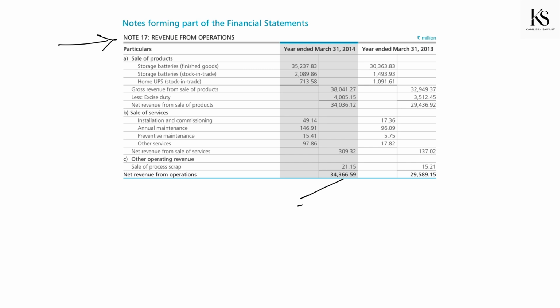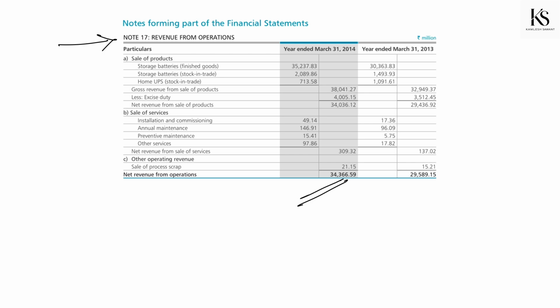Clearly, the notes give a more detailed analysis of the split up of revenues from operations. As you can see, the particulars section talks about the split up under sales of products. Sale of storage batteries in the form of finished goods for financial year 14 is 3,523 crores versus 3,036 crores in financial year 13.